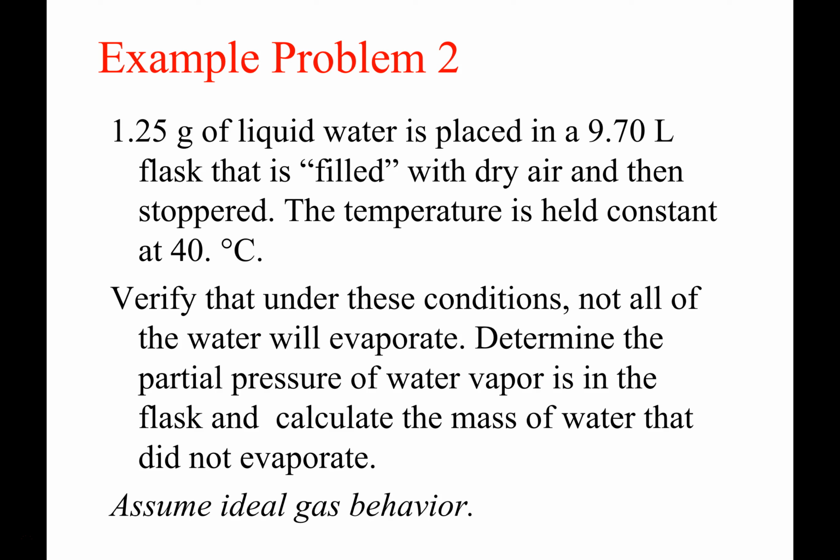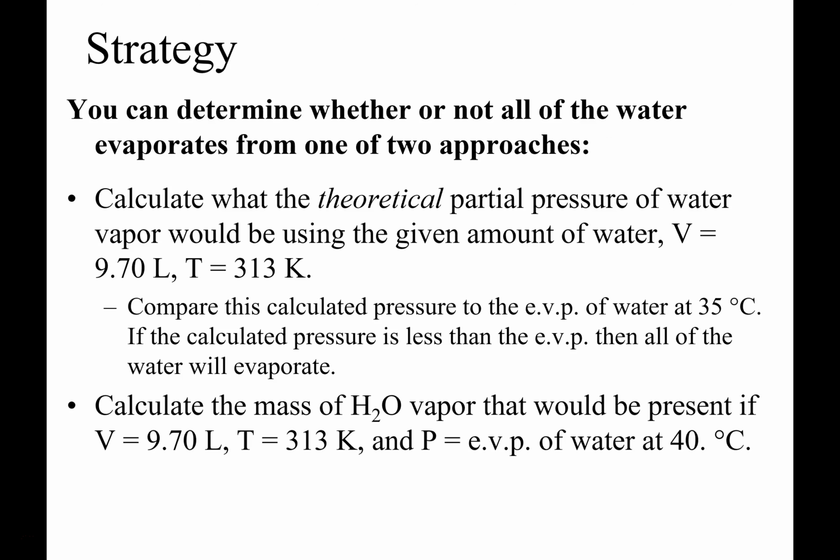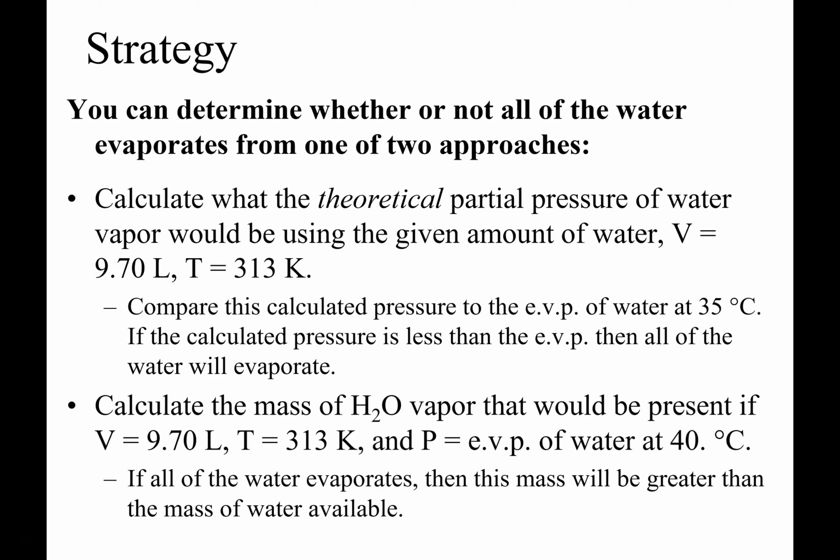So here are our 2 approaches. We did the first approach last time. This time we're going to do the second approach. Let's go down to the second bullet. We use the table to find out what the equilibrium vapor pressure is at 40 degrees Celsius. We have a volume, so we can come up with the number of moles of water at equilibrium that will be floating around here.